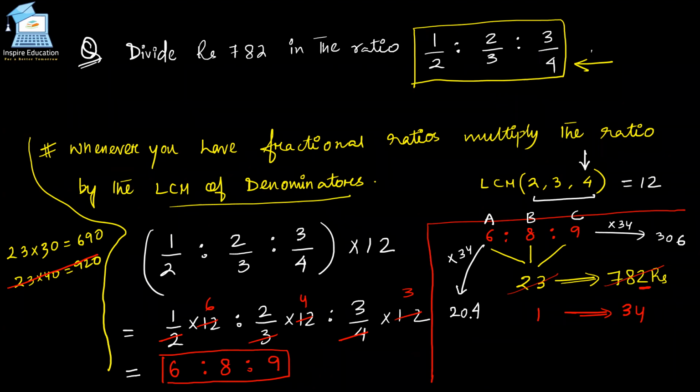You have these numbers 204, 306, 782, and somebody told you to find the ratio. So what will you be doing? You will be doing like this: 204 divided by 782, and then you will cut it, and accordingly you will get the ratios. There is no problem with that.